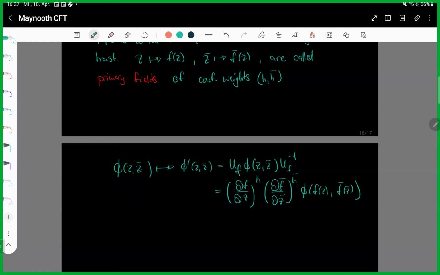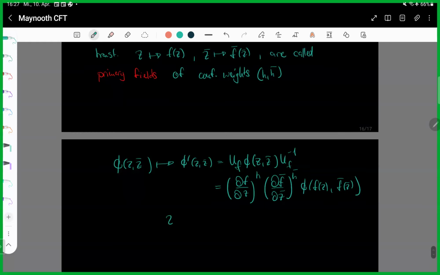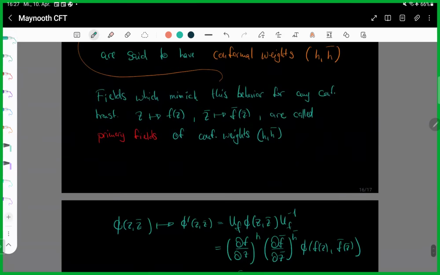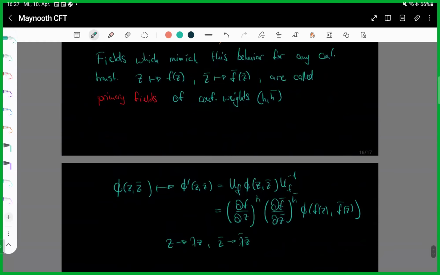So this is a primary field. And just for you to convince yourself, if you pick z goes to lambda z and z bar goes to lambda bar z bar, you recover the prior transformation behavior for scaling fields.